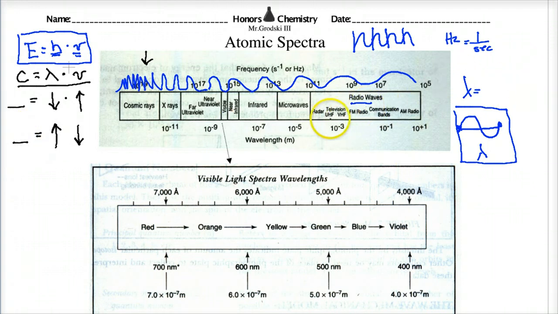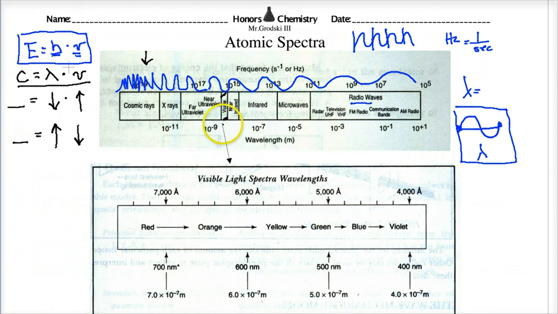And notice we have radar, FM radio, communications, cellular phones, microwaves, infrared, that's basically thermal energy. And then we have this small sliver right here of the visible spectrum. Even the light, the colors we see, are part of that spectrum.